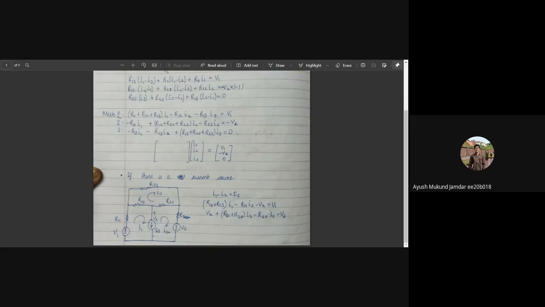That is, there is a constant current source, and we have assumed a potential difference across it. That will give us one more equation, and that is I2 minus I1 will be equal to Is, and these equations will be ready for us.